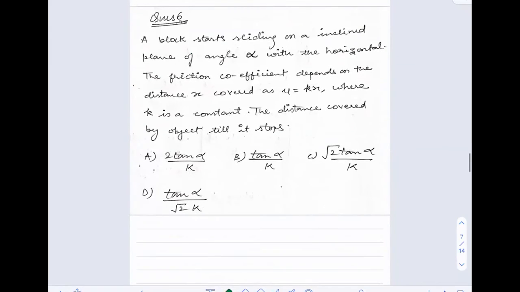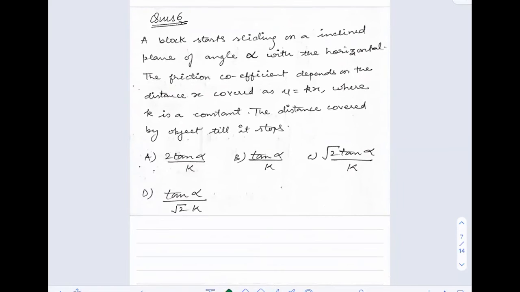This is the second question, next question. It says a block starts sliding on an inclined plane of angle alpha with the horizontal. The friction coefficient depends on the distance x covered as mu is equal to kx, where k is a constant. Find the distance covered by the object till it stops.